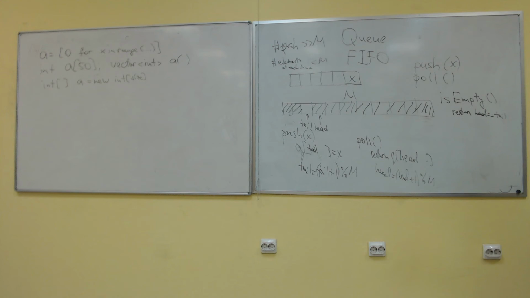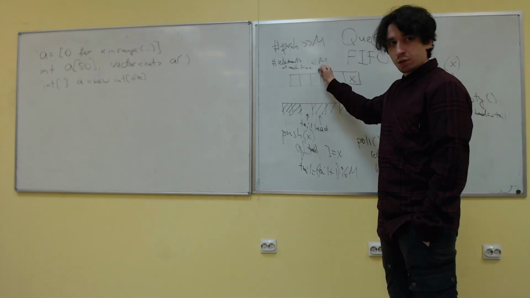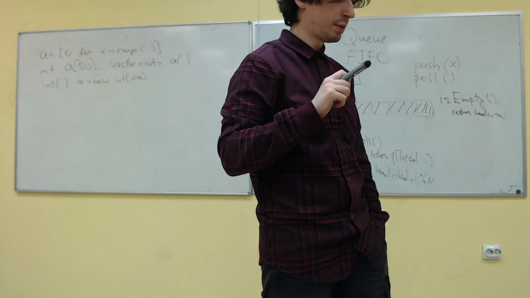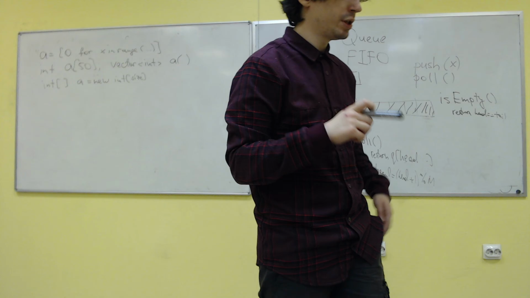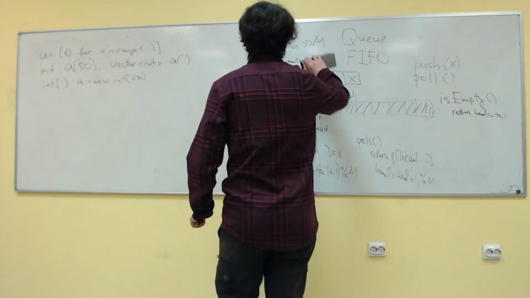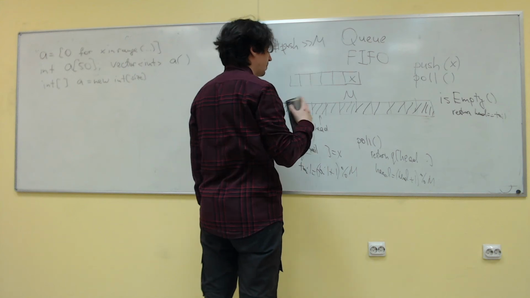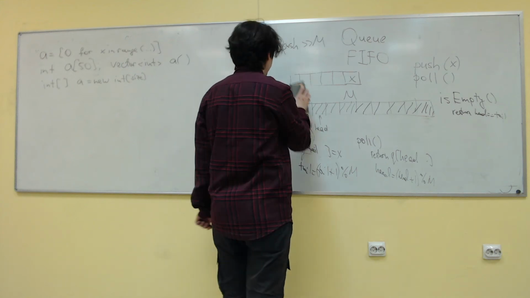But then, suppose that we do not know the condition on the number of elements in the queue. So this is not true, we don't know it. How could we implement a queue? Any ideas?